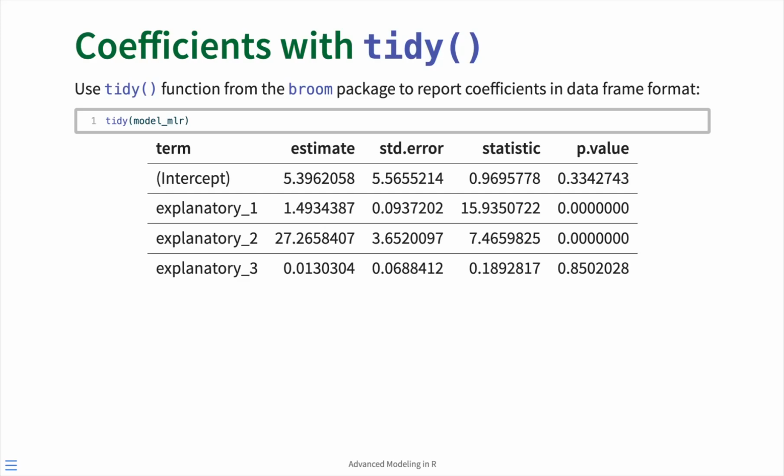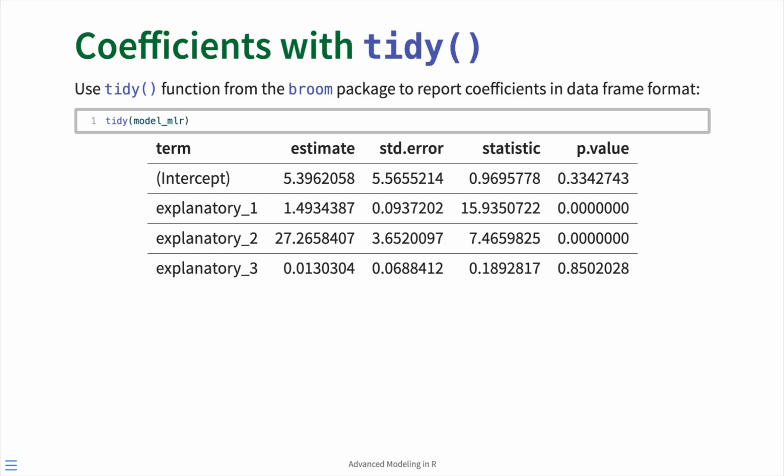One way to do this is with the Broom package, which contains a number of functions for displaying the results of linear models. One of these is the tidy function, which you can see here. This takes a linear model as an argument, like in this code here, and it displays the coefficients of that model in a nicely formatted table by converting them into a data frame.